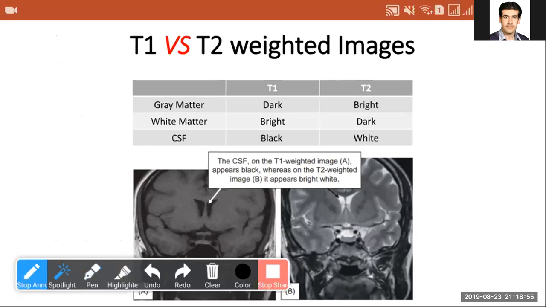And like here, this is the gray matter, and the white matter will be bright on T1 weighted image. But in T2 weighted image, the whole situation is inverted, so the CSF becomes bright, the white matter becomes darker, like here, and the gray matter becomes brighter.